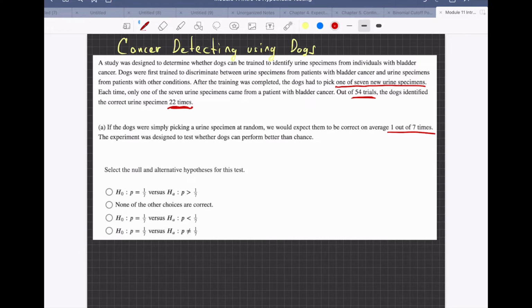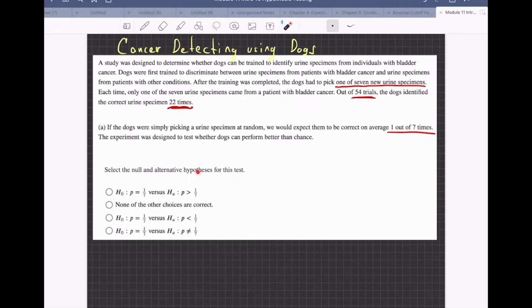Now, the experiment was designed to test whether dogs can perform better than chance. So essentially, we have dogs trying to detect bladder cancer, and with a sample of 54 trials, they were able to identify bladder cancer 22 times. But the hypothetical value is supposed to be 1 out of 7 times, 1 divided by 7.